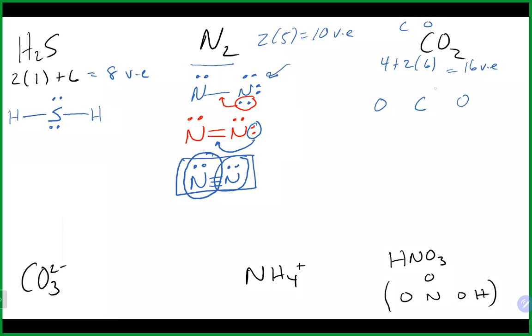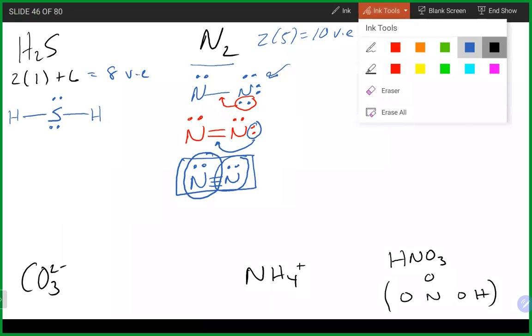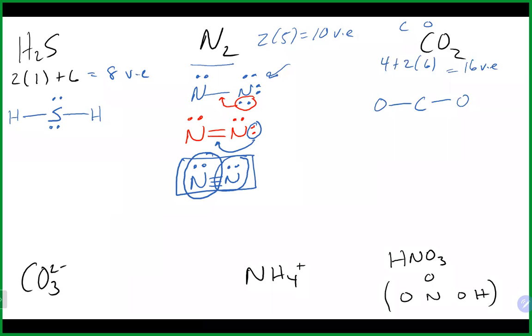Once again, we're going to do 1 single bond to each of the outside atoms. That uses up 4 electrons. We then have 12 more to go, so that's 2, 4, 6, 8, 10, and 12. At this point, we have put on all 16 electrons.